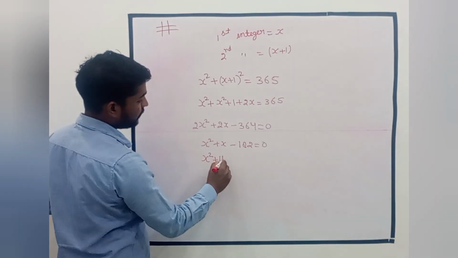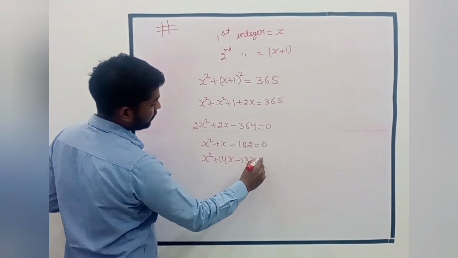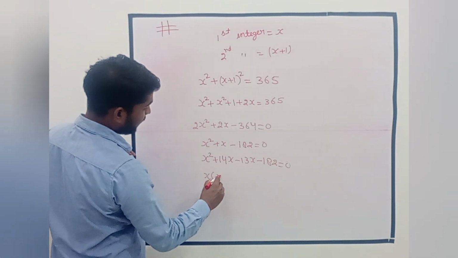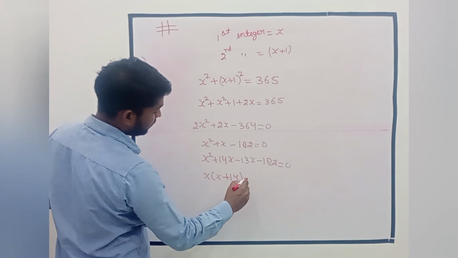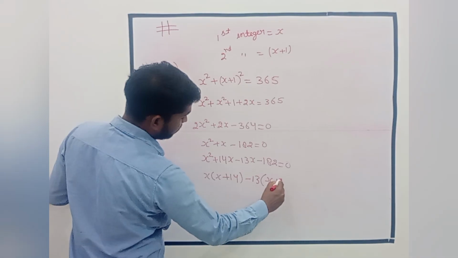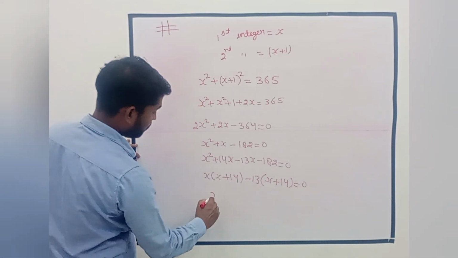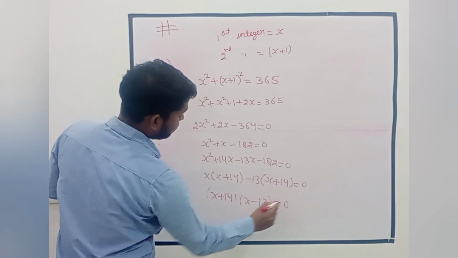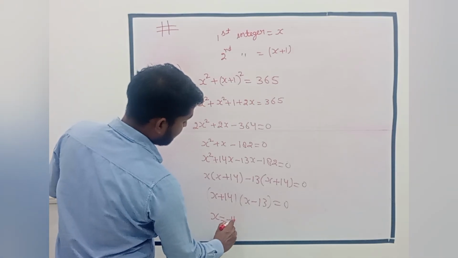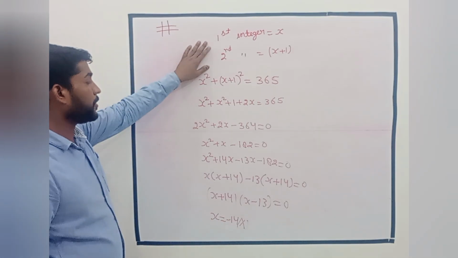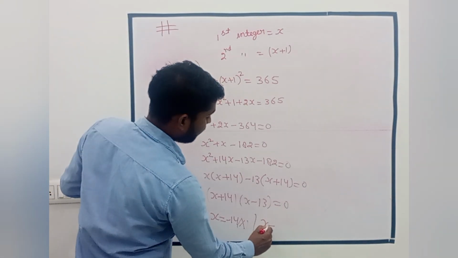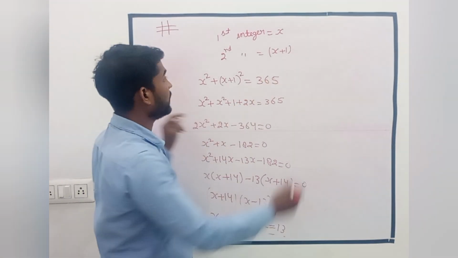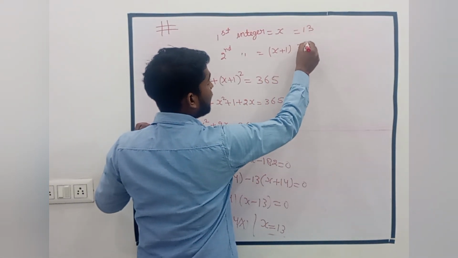Then we have two linear factors. This gives minus 14, which we will not take because they are asking for positive integers, and from here the value of x is 13, and therefore 13 and 14.